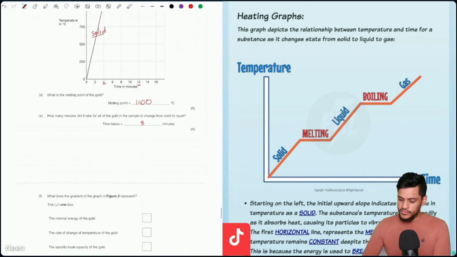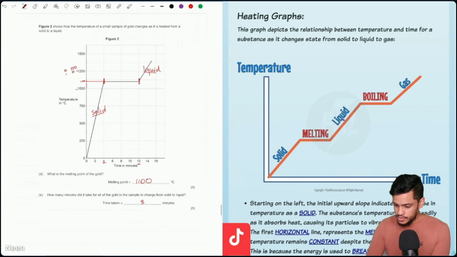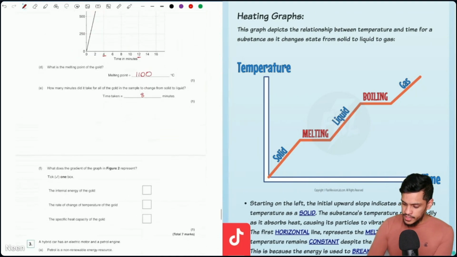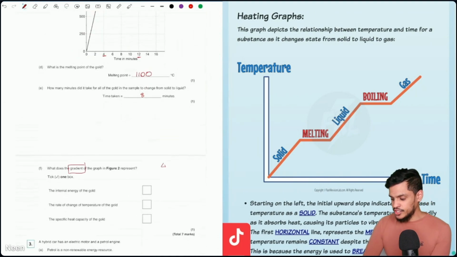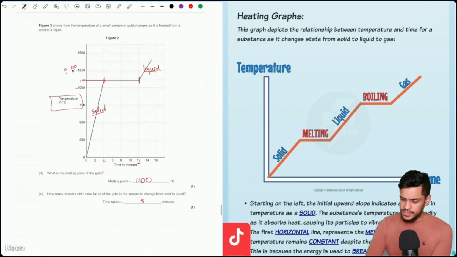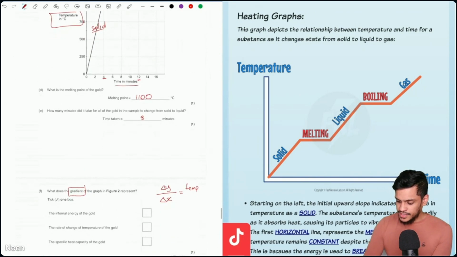What does the gradient of the graph in figure 2 represent? So when you get a question like that, remember gradient is the change in y over the change in x. So look at what the y-axis is. The y-axis is temperature. X-axis is time.